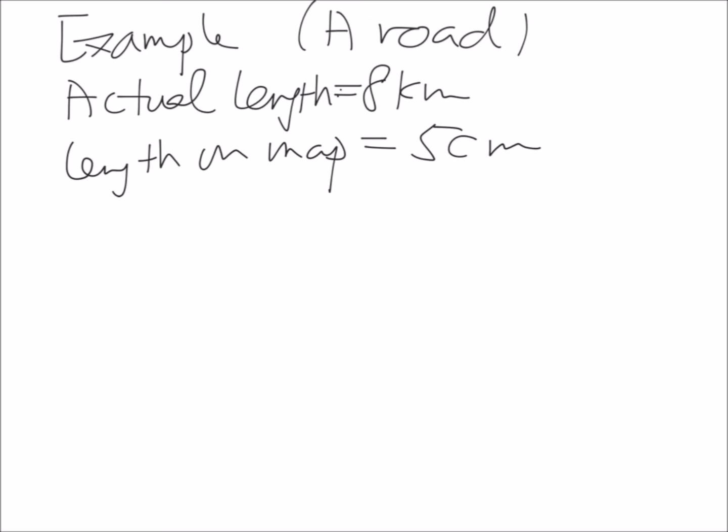Alright, now we would like to have some examples here. The first one is a road, right? For the road, we want to find the scale. We know that on the road, the actual length is 8 km, and the length on the map is 5 cm, okay?